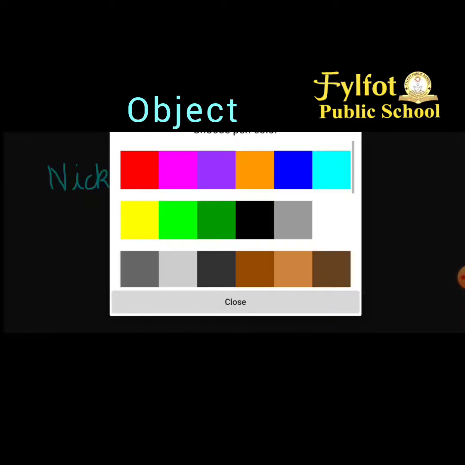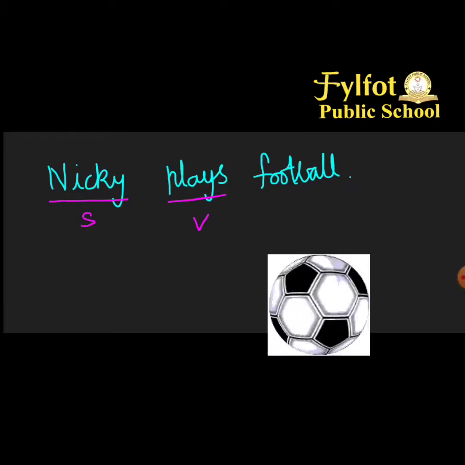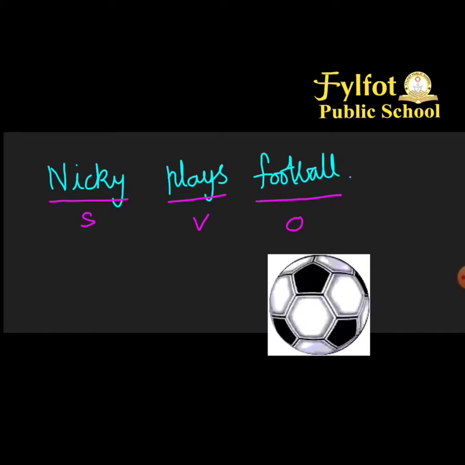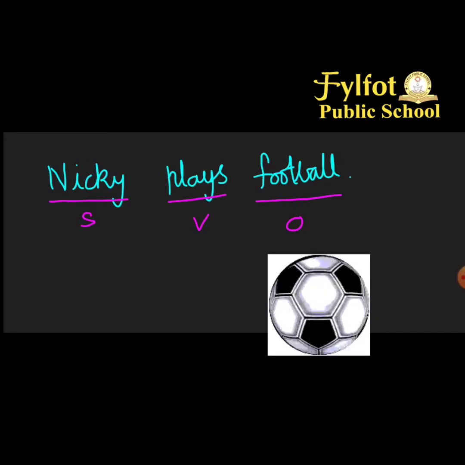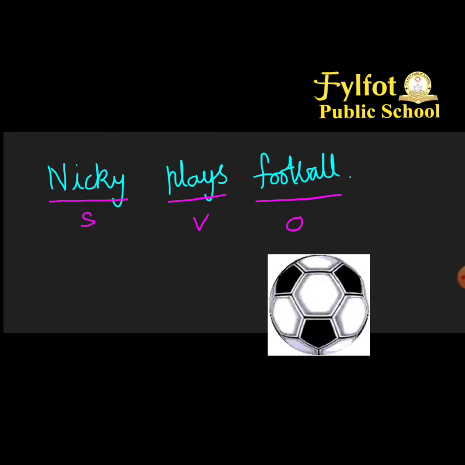Now you must know what the subject and verb are, and what the object is here in this sentence. Football is an object. As the name says, football is a thing, it is an object.